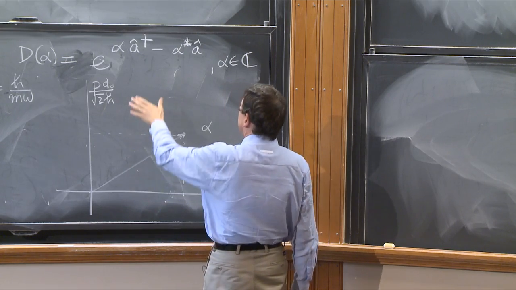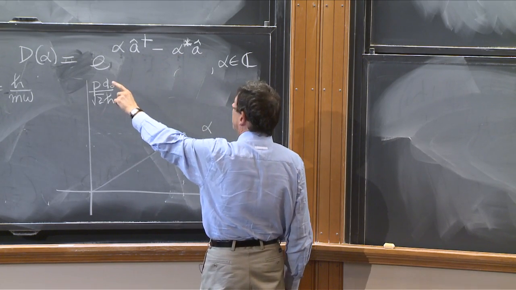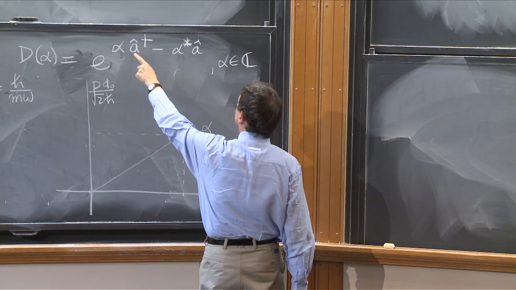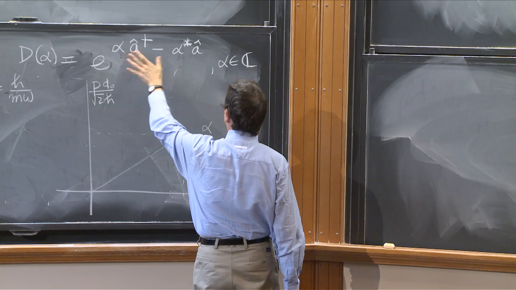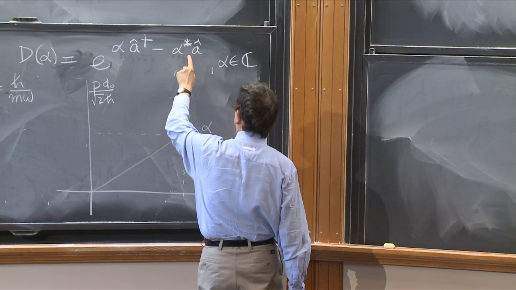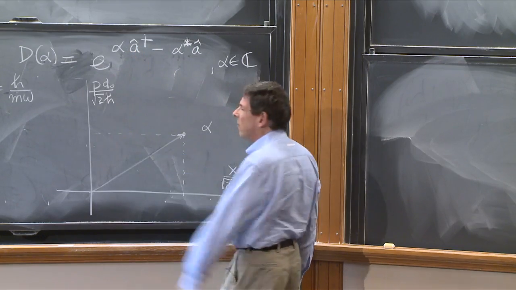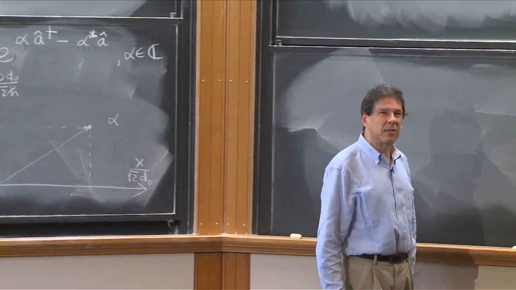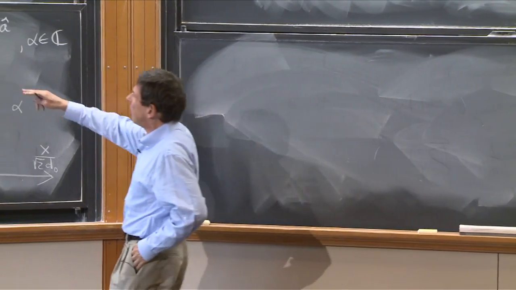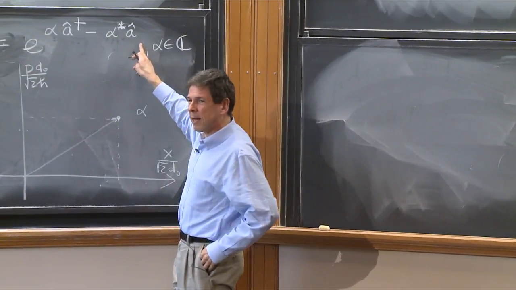So this is a more general operator, but on the other hand, it's clear that it's anti-Hermitian, because if you take the dagger of this thing, this term becomes that, and that term becomes this one, each one with a change of sign. So you're really with an anti-Hermitian operator. Therefore, this is unitary.